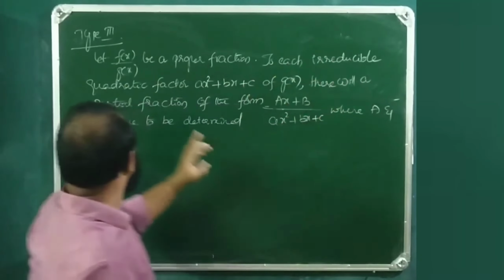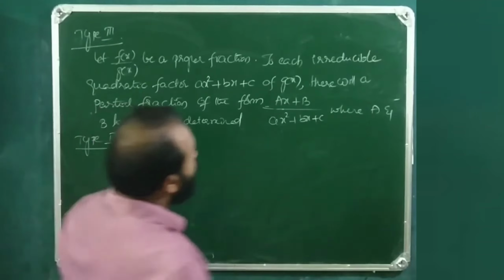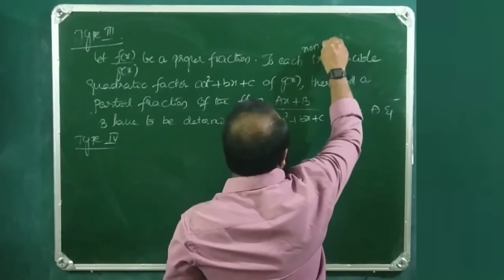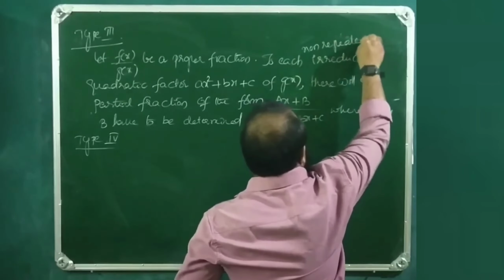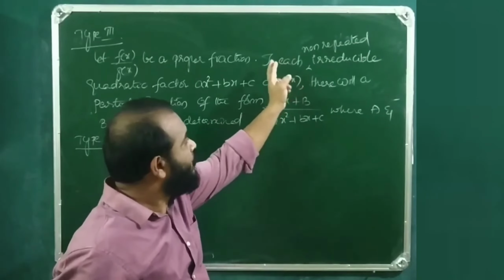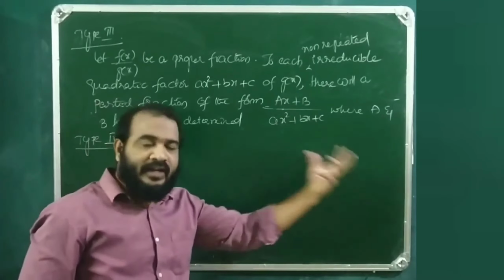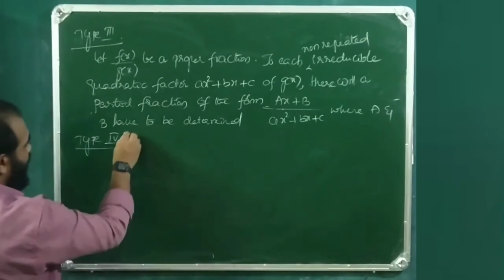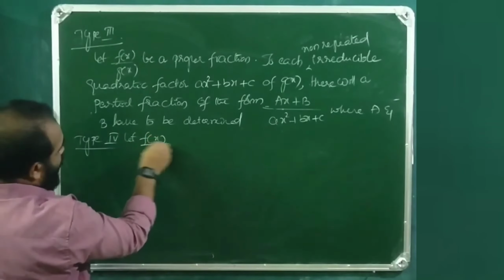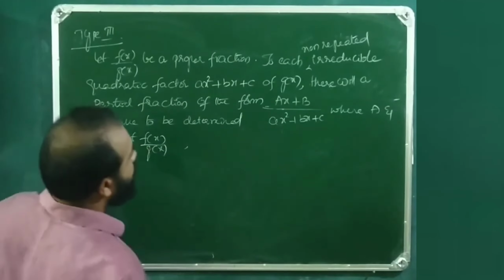To each non-repeated linear factor, it should not be repeated. Type 4 says repeated linear factor. So let f of x by g of x be a proper fraction.